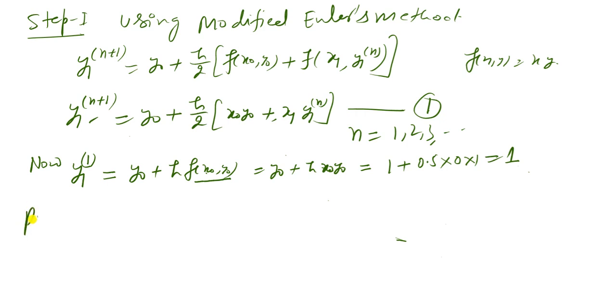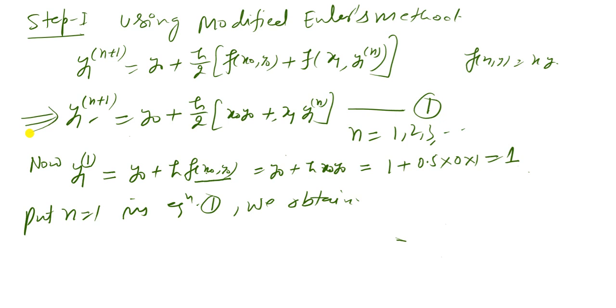Now put n is equal to 1 in equation 1, so we obtain y1 2. y1 2 is equal to y0 plus h upon 2 times x0 y0 plus x1 y1 1.